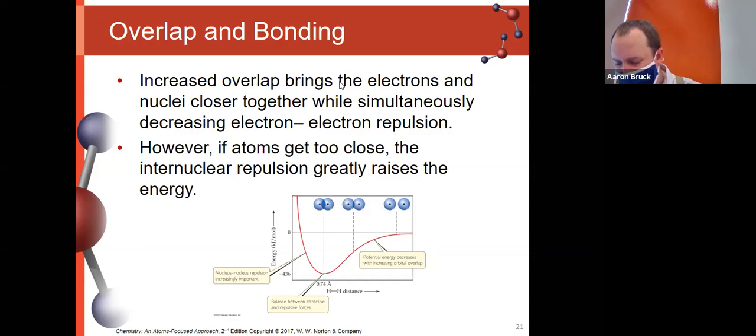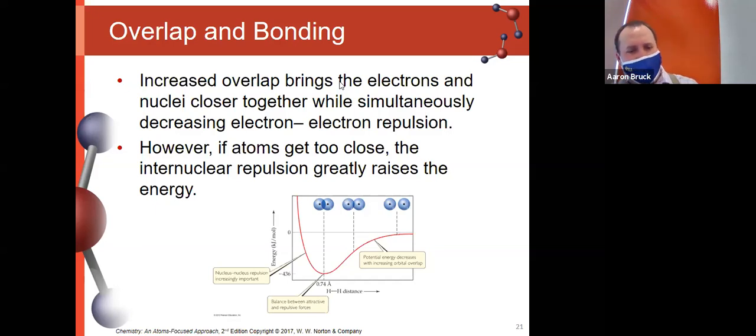Problem is, there comes a point where they can get a little bit too close. If I put them too close together, their nuclei actually start to feel each other, and the nuclei start to repel each other. Hold them too far apart, and the attraction really never gets off the ground.